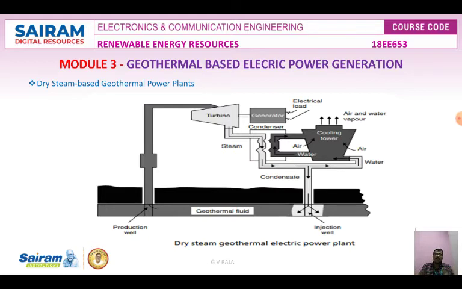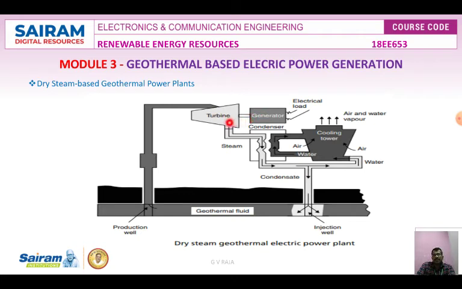So the dry steam system is very simple. From the earth surface, the steam is passed through this tube and given to the turbine. Here the pressure will be increased. So high pressure steam is applied to the turbine. The turbine is rotated, the shaft is rotated and the shaft is connected to the generator. When the shaft rotates, the generator also generates the electricity.